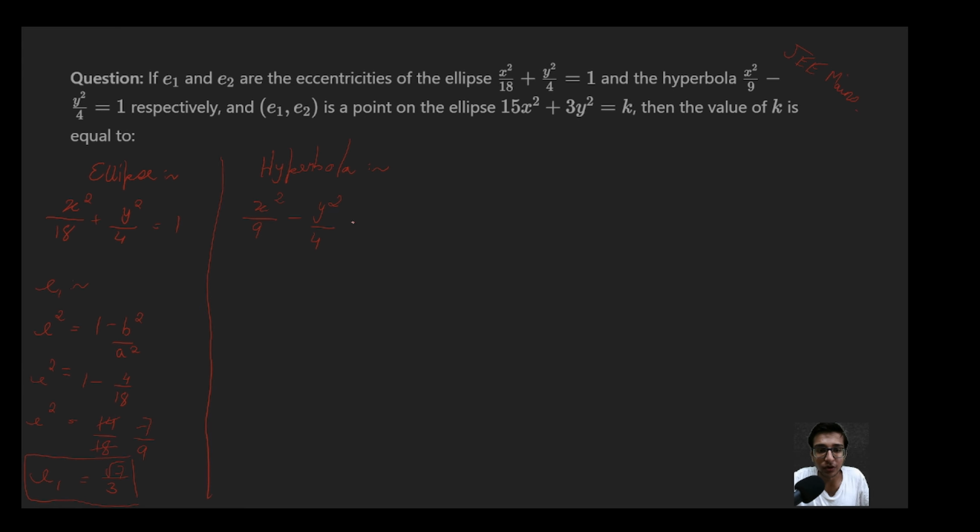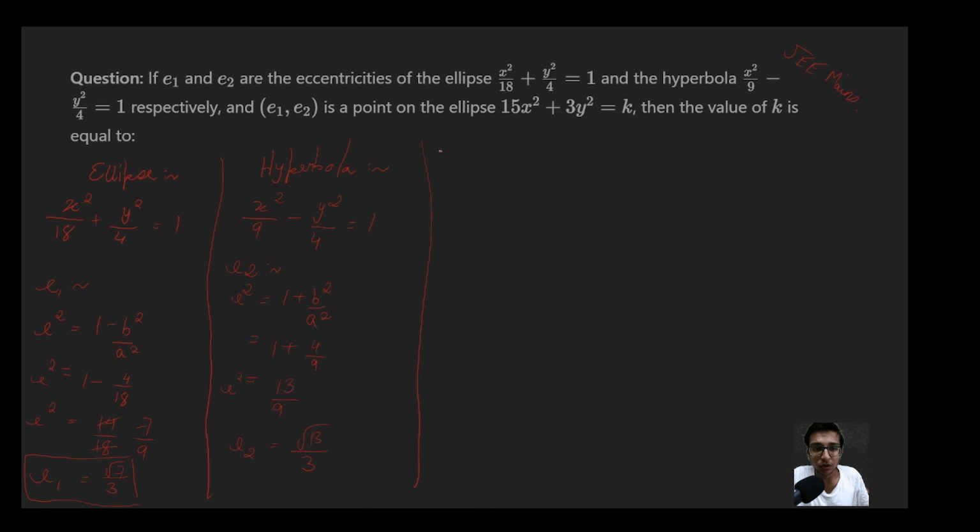Y square by 4 is equals to 1. So the value we have to find out is E2. And in hyperbola, E square is written as 1 plus b square by a square. So this would be 1 plus 4 by 9, which makes it 13 by 9, so E square. So E2 is nothing but root 13 by 3.